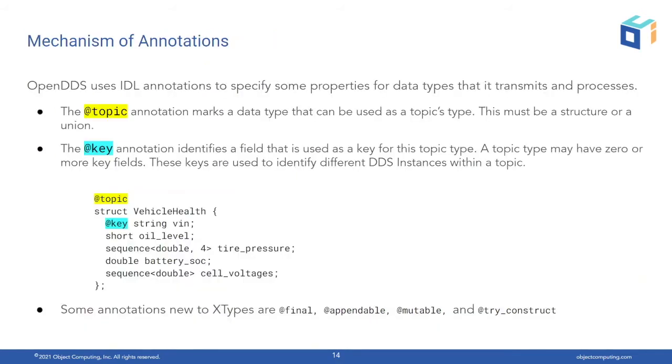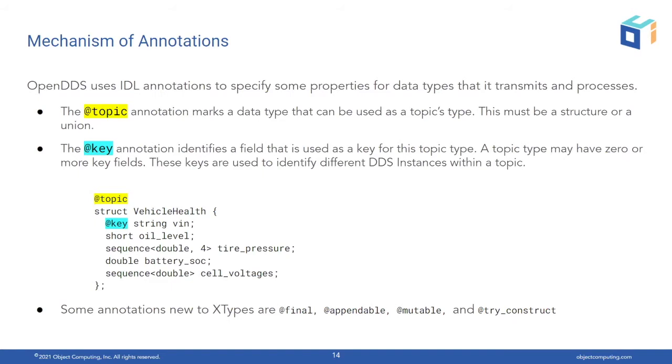Let's now take a brief look at the underlying mechanism which makes Xtypes possible: the mechanism of annotations. Some existing annotations include topic and key. Topic marks a data type that can be used as a topic's type, whereas the key annotation identifies a field that is used as a key for this topic type.